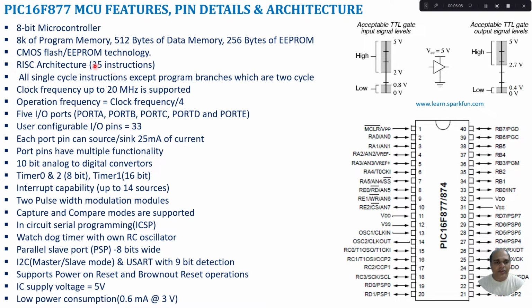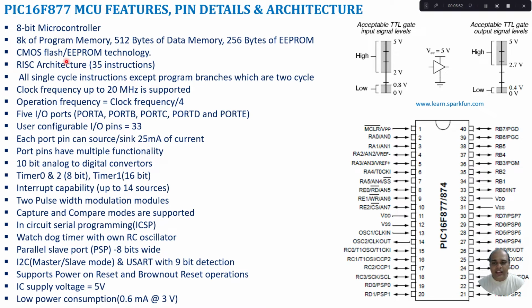In addition, in RISC architecture we have fewer addressing modes. Addressing modes are nothing but how data is accessed by the CPU. If the data is in the instruction itself, it is called immediate addressing mode. If the address of the data is specified in the instruction, we call it direct addressing mode.